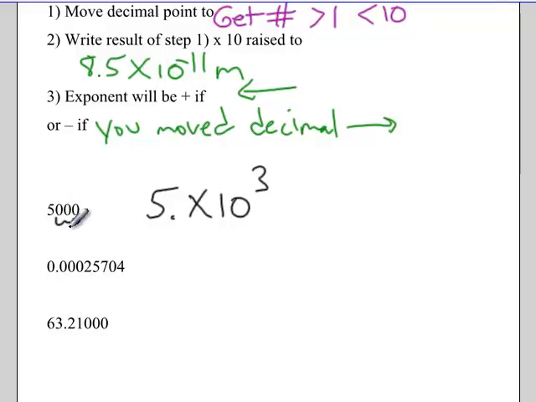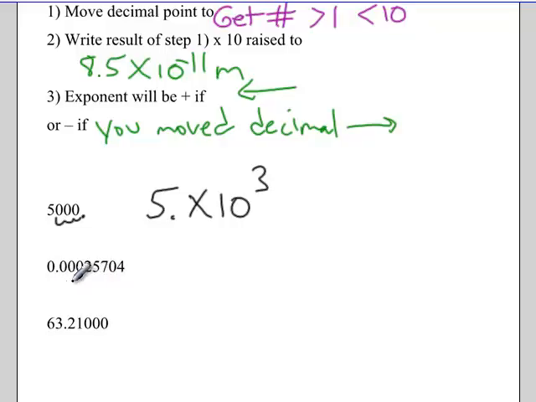And notice I did not include these zeros for a reason. We're going to see that later on when we get into what's called significant figures. Whether or not you should include the zero when you write it down is something we're going to learn later.